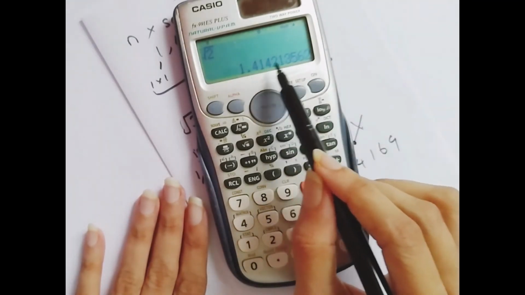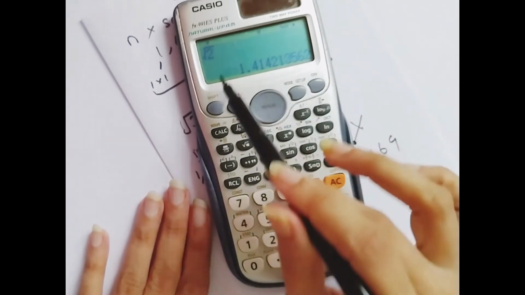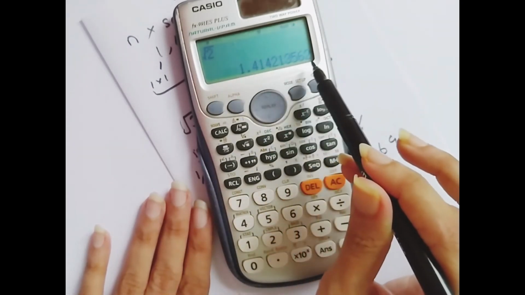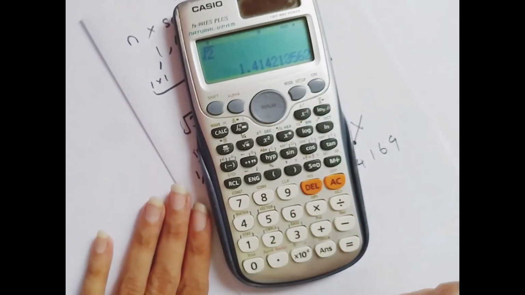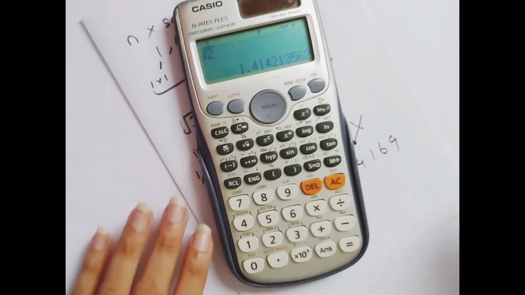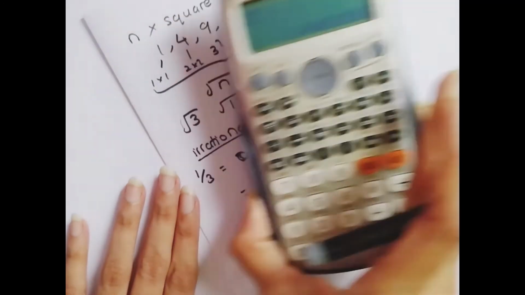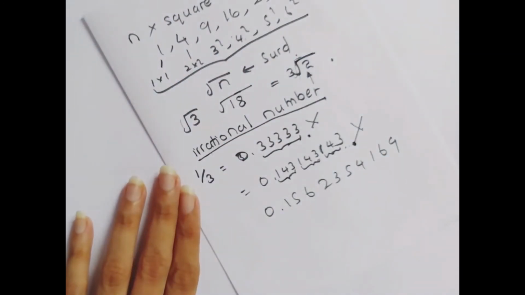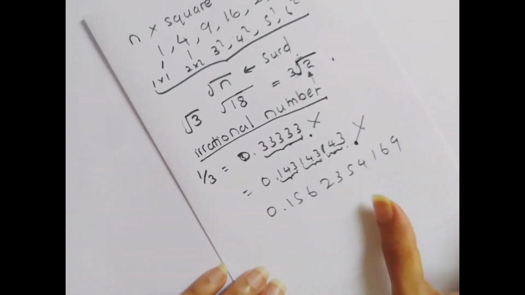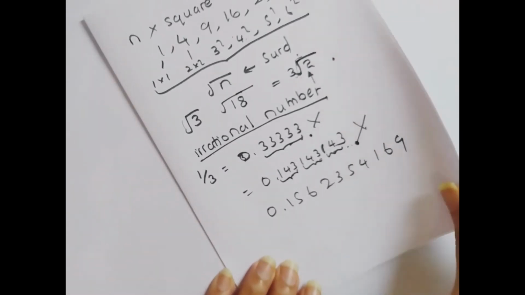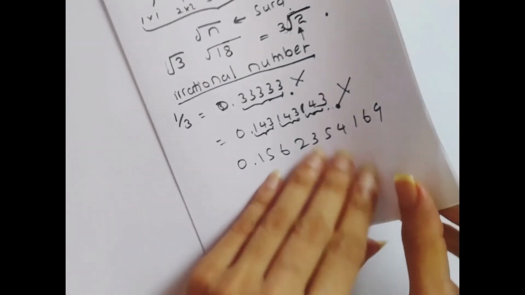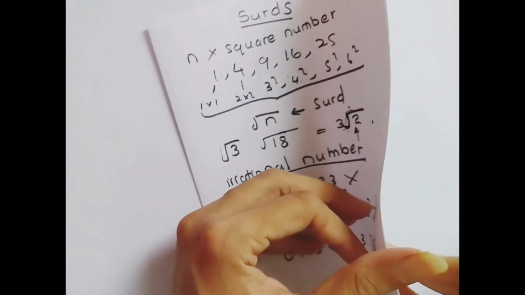And this is the maximum number of digits that the calculator gives, so that's why it stops here. Okay? So now you can understand that. Surd is something like that. And these surds have some nice rules. So we'll see what these rules are.